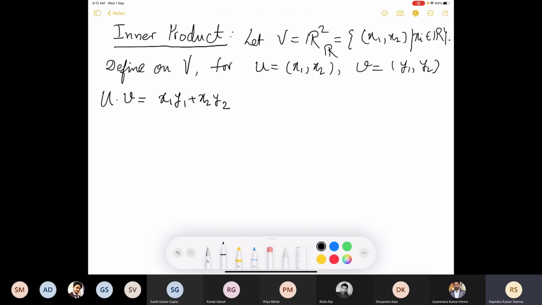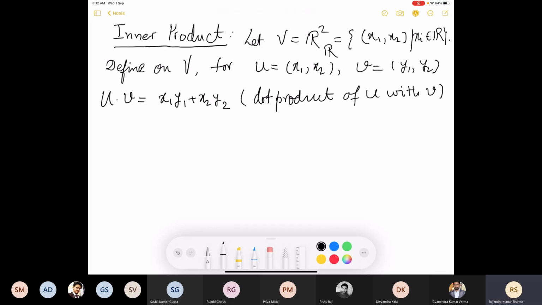And there was also one more thing that we defined, this as the dot product on V, the vector.